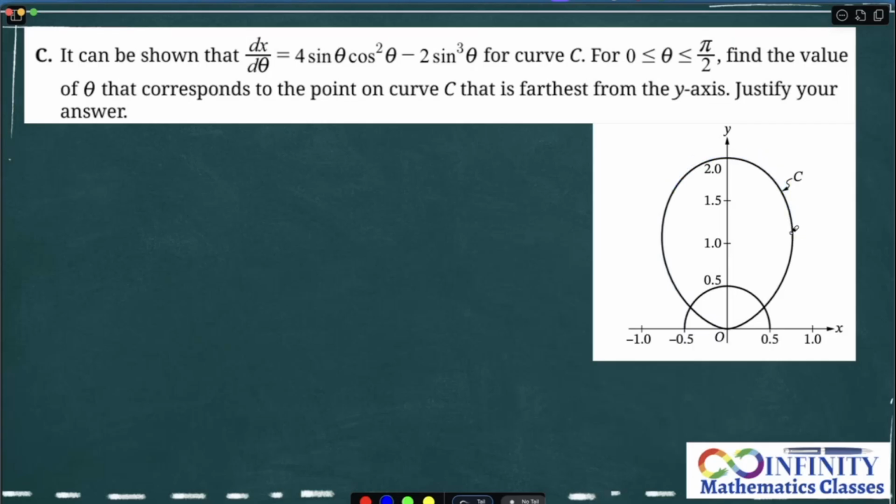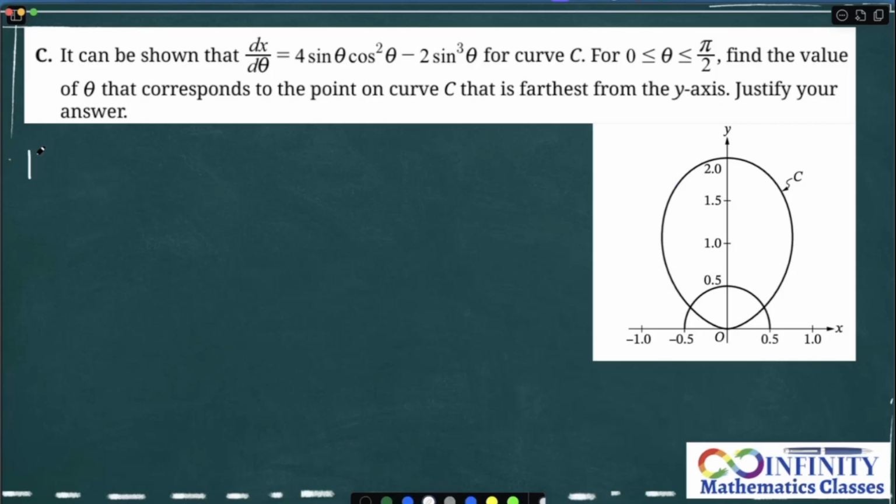Just suppose you are at this point, then there will be an x coordinate and a y coordinate. You try to find the distance from the y-axis. Any doubt? So you need to find the point where you are furthest from the y-axis. So the maximum x value is required there. That means I am going to find the maximum in the interval 0 to pi by 2.